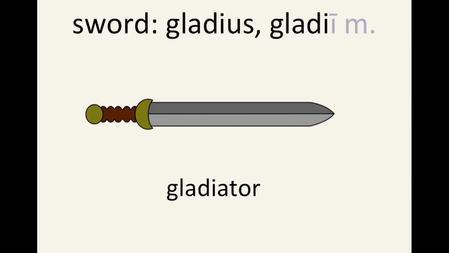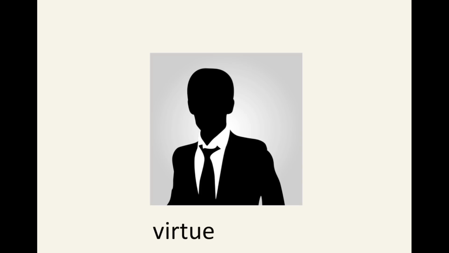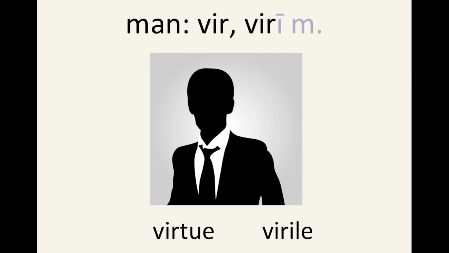Sword. Gladius. Okay, and the last one, the very last one. Virtue. Virile. Man. Vir. So one thing to note is that in Latin, V's are pronounced as W's.